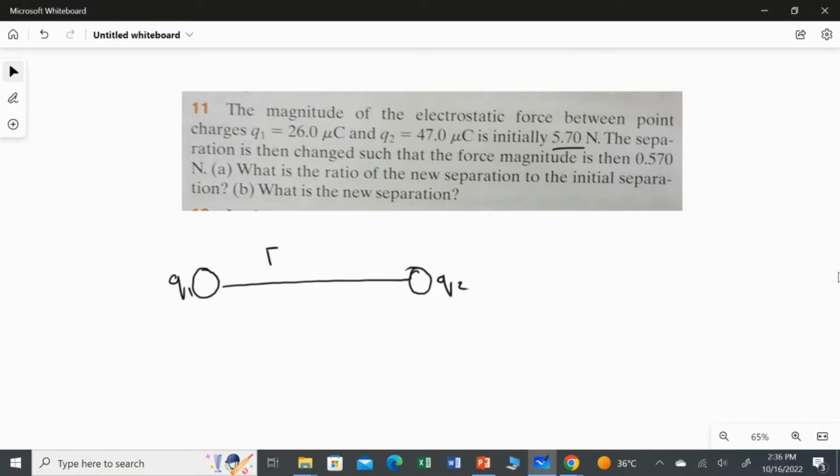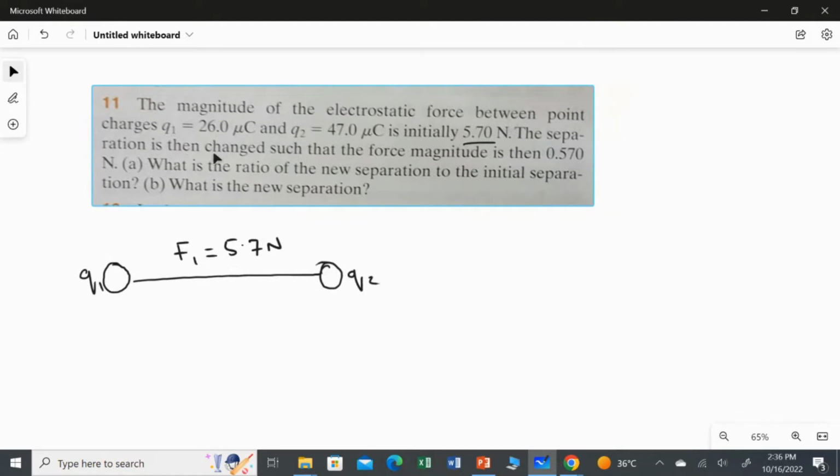They experience a force of 5.7 Newton. And then the separation changed. They did not mention how much it changed. But after you change the distance, what happened to the force? You got another value, 0.57.